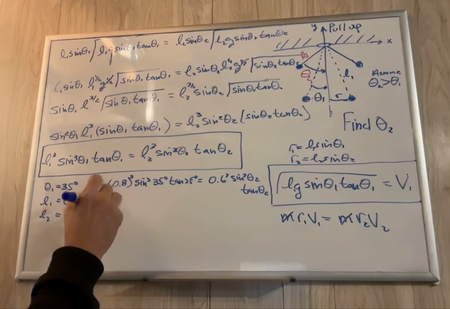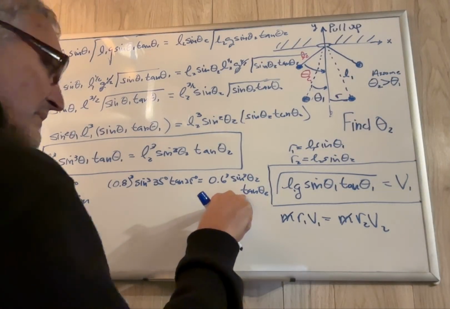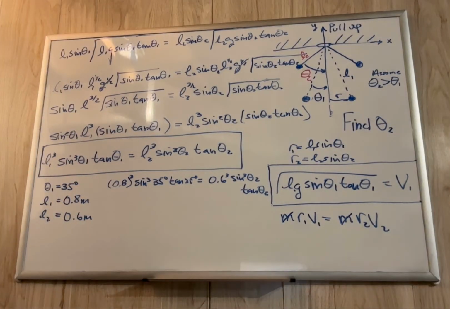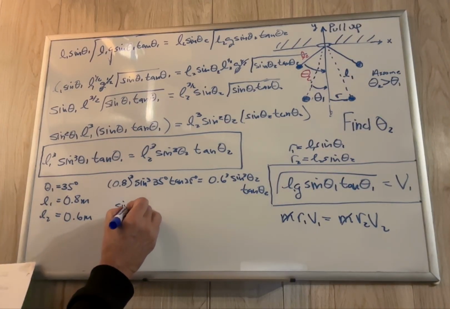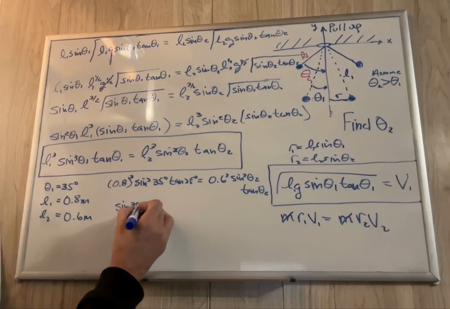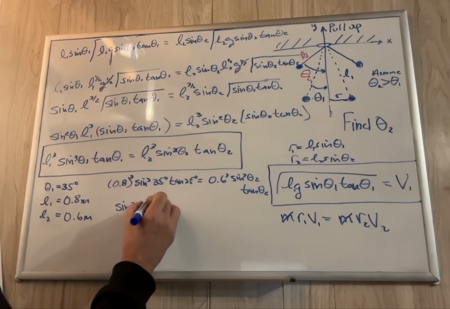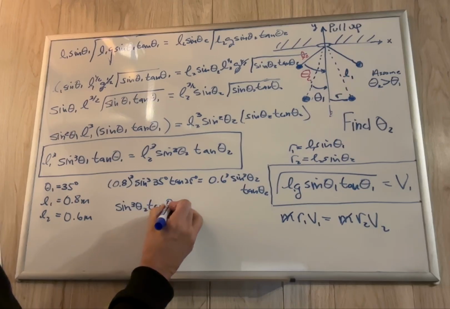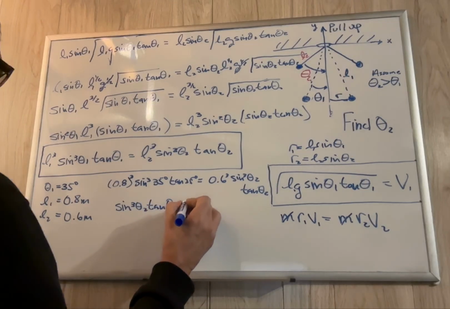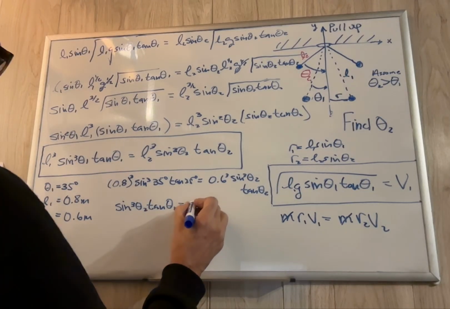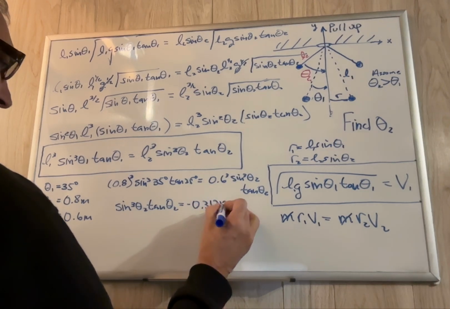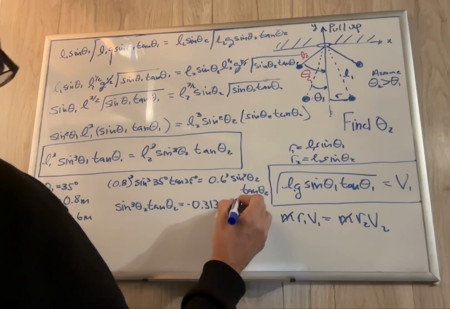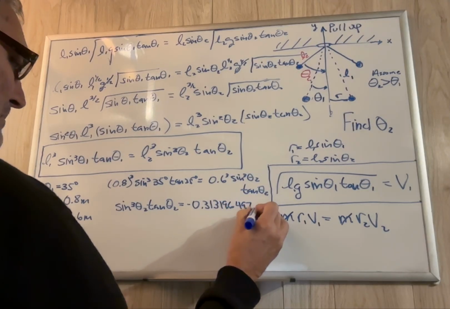All right, so we got our numbers in here. Now we got to solve this thing. Okay, so I'm not a mathematician, but this is what you're going to end up with: sine cubed theta 2 times tangent theta 2 is going to be equal to approximately 0.313196497.